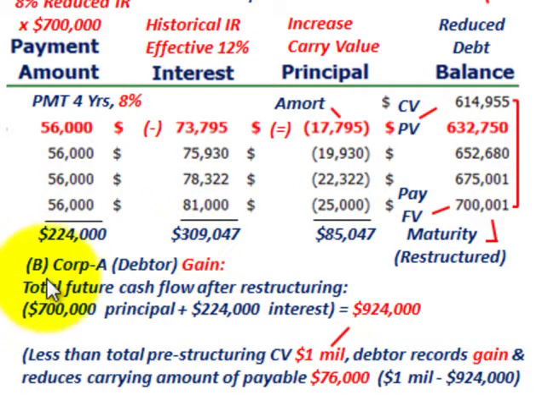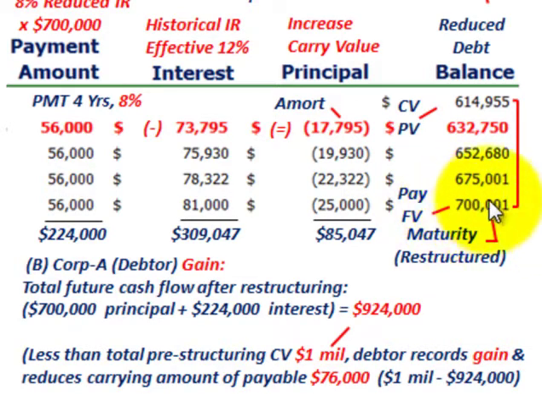All right, so what Corporation A has to do is determine the total future cash flows after restructuring. So let's go back to our amortization schedule and go through that for Corporation A and Bank B. What Bank B is going to get at maturity is $700,000.